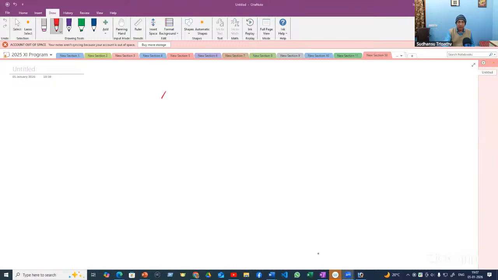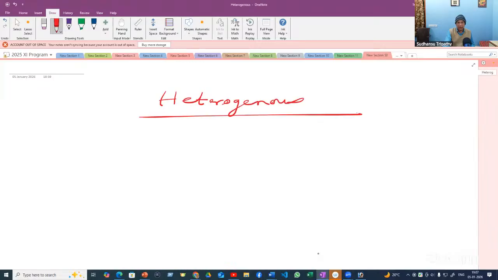In heterogeneous type, the solubility product principle.